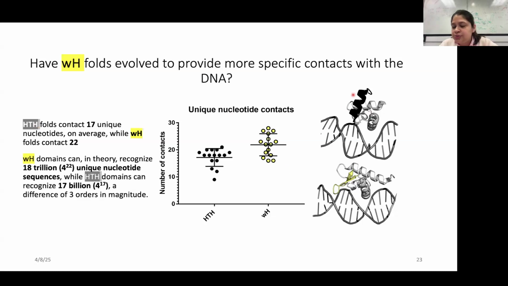And these are just representative examples showing how the specific contacts change. So there's a functional reason for this adaptation as well.